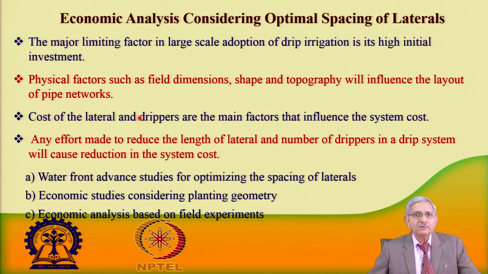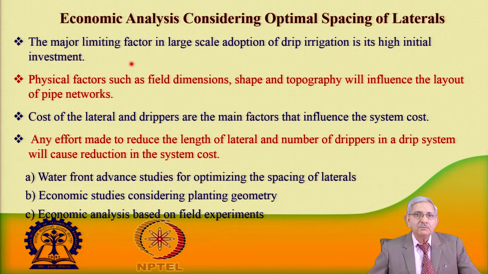Here we are considering how to reduce the total length of lateral. So, we need to find out how the water is distributed by using a drip emitter, and then accordingly the spacing between the laterals can be adjusted.